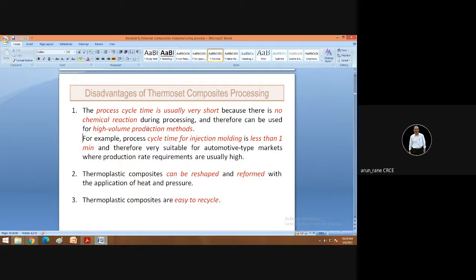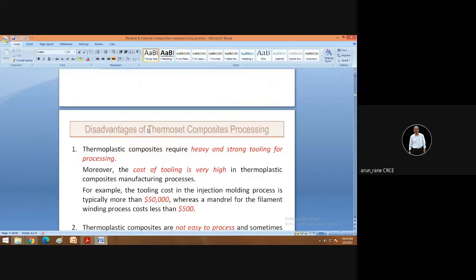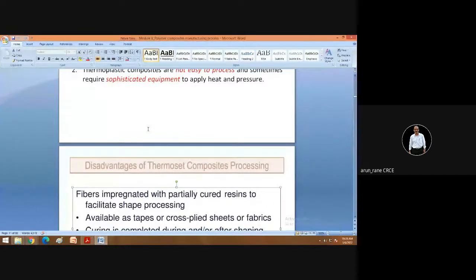That's why we avoid going for thermosets, and that's why you will see the majority of plastics are thermoplastics. Then the tooling needs to be very strong because the pressure requirements are high.